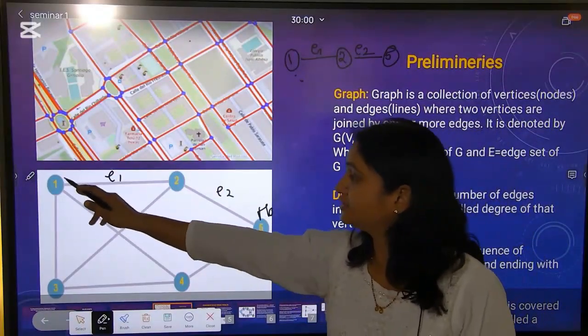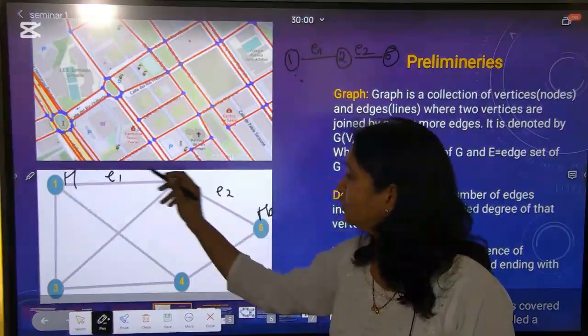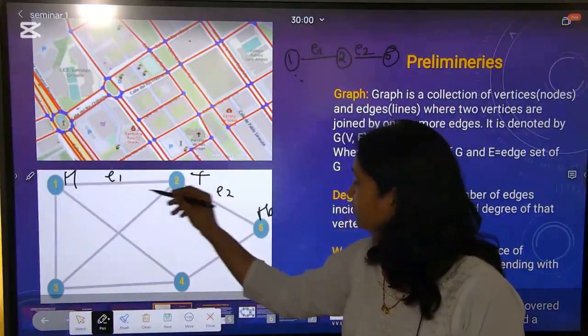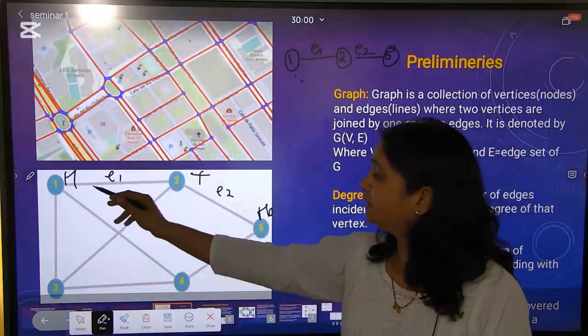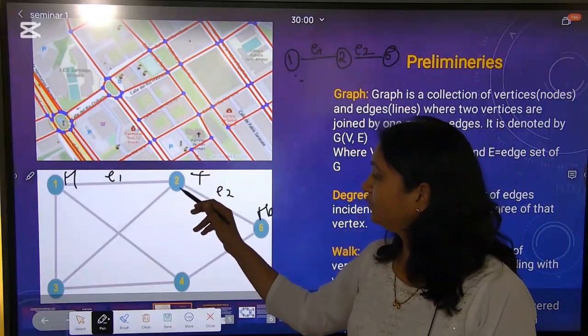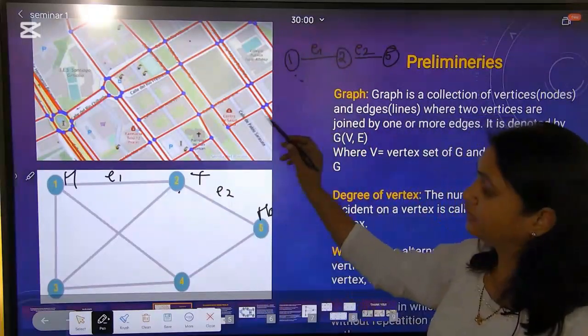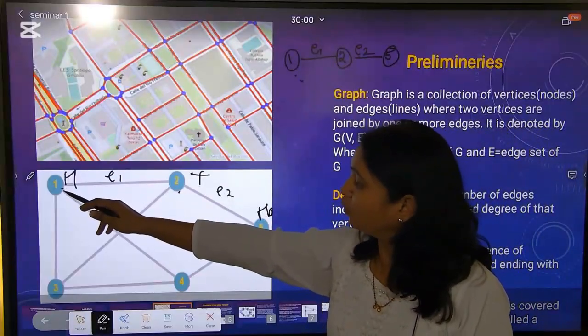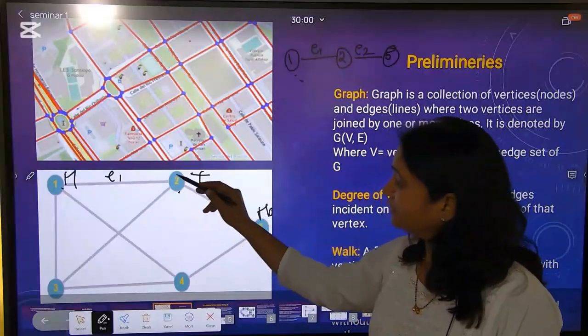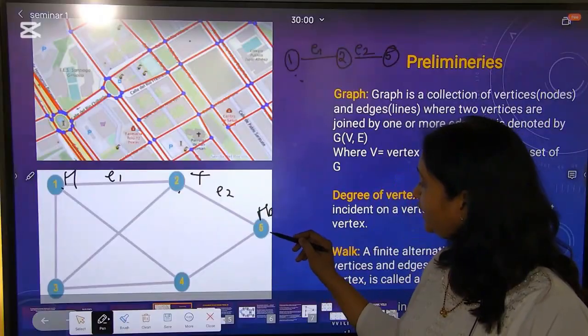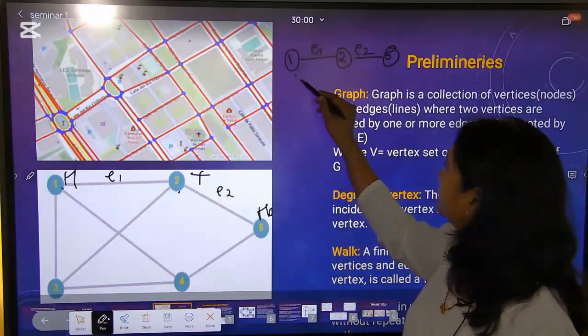This is hospital and this is our home. If we want to go from home to hospital, then we will travel the path home to temple, temple to hospital. So, the path is 1, then E1, then 2, then E2, and then 5. So, this is our walk.